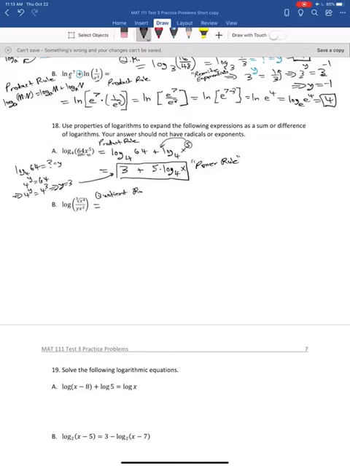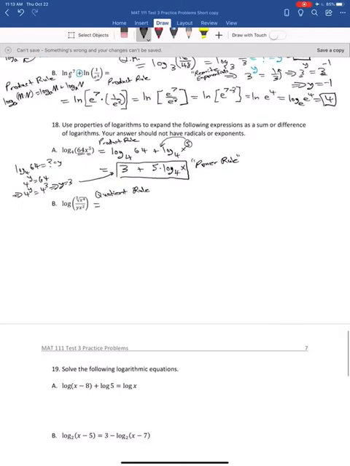Using the quotient rule, log of m over n is equal to the log of m. This is a log base 10 logarithm. So log of x times the cube root of x to the 4th power, minus the log of the denominator, which is y times x squared. There's the quotient rule forming a difference. Now I want you to notice we can expand this and get rid of this radical.